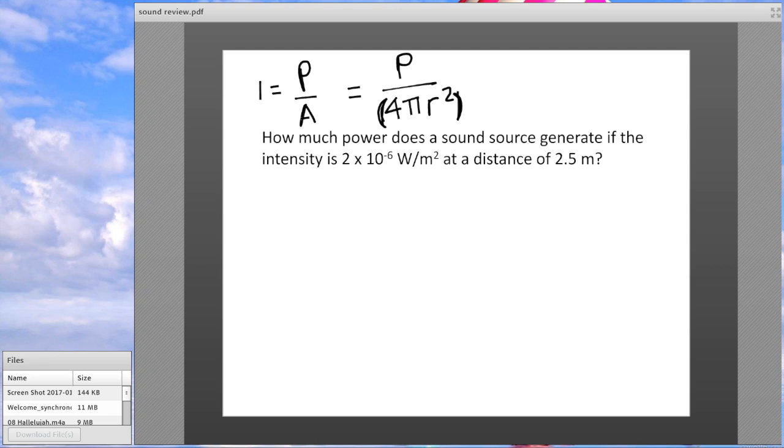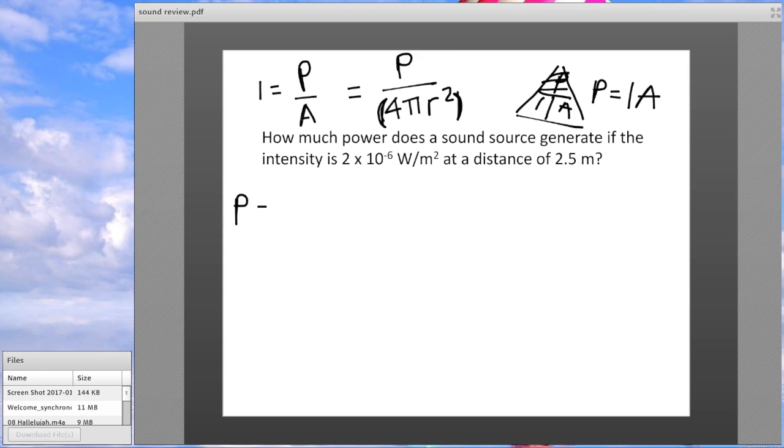And so what I'm going to do is I'm going to go ahead and put this in my triangle, and then I'll fill in the 4 pi r squared stuff later if I need it. So I'm looking for power. So my power is my intensity times my area.